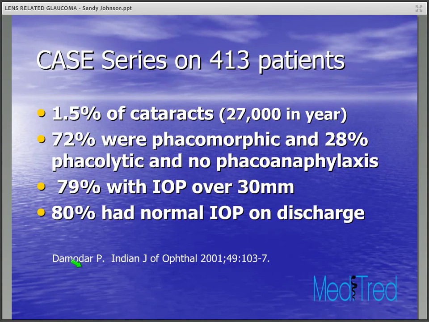And as I mentioned before, phacoanaphylaxis is very rare, and they didn't have any. About 80% had pressures over 30 on presentation, and about 80% had their IOP normalized on discharge. So you can tell from this series that phacomorphic is probably more common than having phacoanaphylactic glaucoma from a mature cataract. And I'll just move this, you can see the reference.